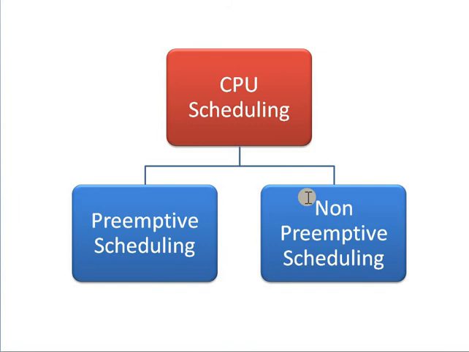Under non-preemptive scheduling, once a CPU has been allocated to a process, the process keeps the CPU until it releases it, either by terminating or by switching to the waiting state.